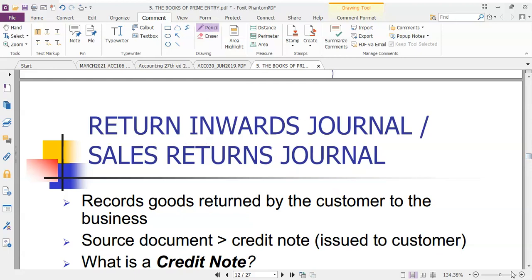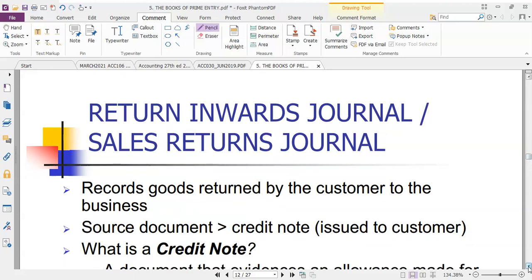Why we must open the journal for sales return? So look here. It records goods written in by the customer to the business, goods returned by the customer to the business or owner.